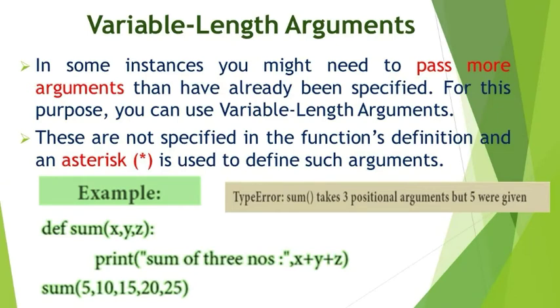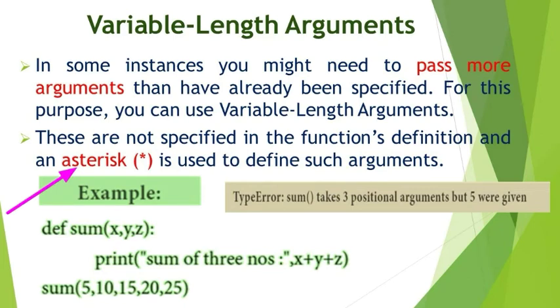But if you want to add more arguments, then what you will do? You can use variable length arguments. The variable length arguments are used to pass more arguments in the function. You have to define these variable length arguments by the asterisk symbol.